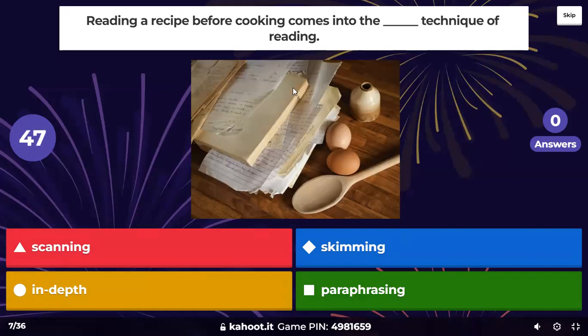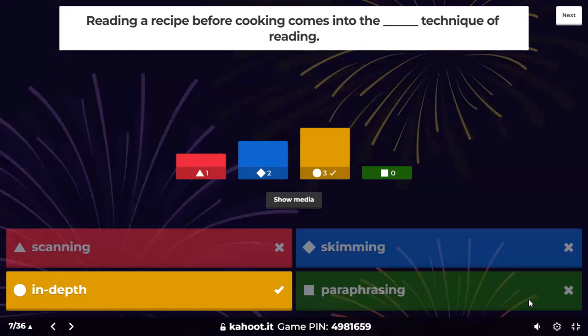If you are following a recipe and you want to cook something, do you have to scan the recipe, skim the recipe, or look at the recipe in detail, or paraphrase it? Yeah, okay. Now this is in-depth reading.